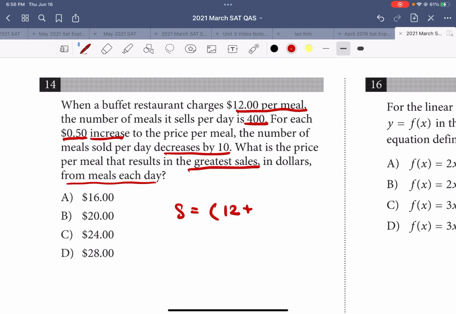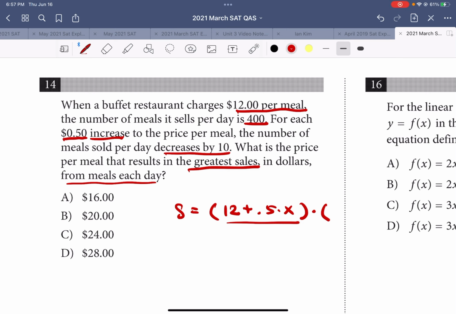0.50 times x. Okay, so that means as long as you increase 0.5 each time, that's the price of the meal, right?